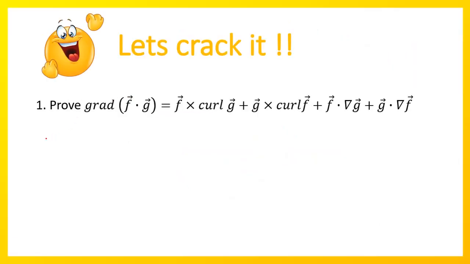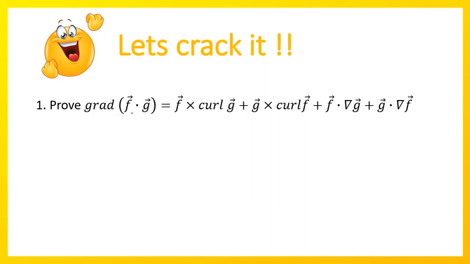Now let us try to prove this equation. That is, the gradient of the dot product of two vectors f and g should be written as f cross curl of g plus g cross curl of f plus f dot divergence of g plus g dot divergence of f. So as a first step, we know the gradient of f dot g. So gradient here, these are two vector terms.